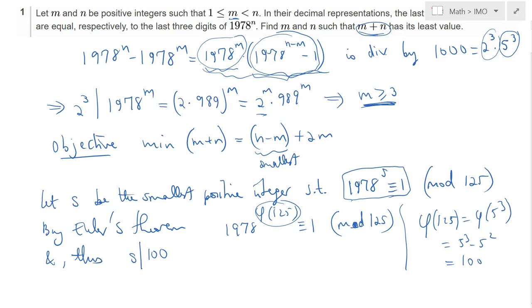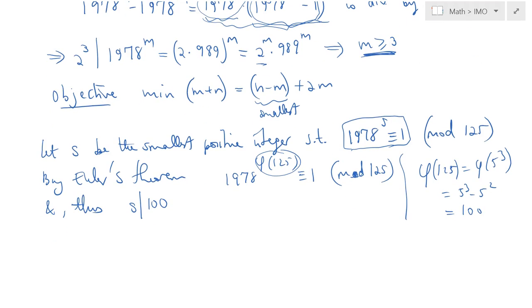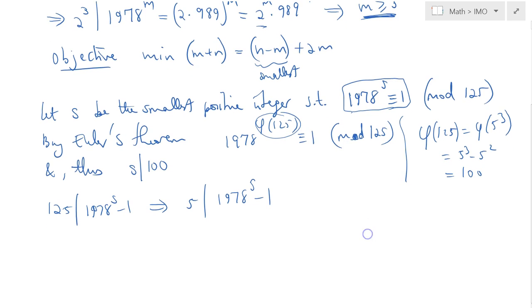100. Now one can easily observe that because 125 divides 1978 to the power s minus 1, it must be the case that 5 also divides 1978 to the power s minus 1, obviously. This implies that if you check it in mod 5, 1978 to the power s, which is congruent to 3 to the power s, must be congruent to 1 in mod 5.